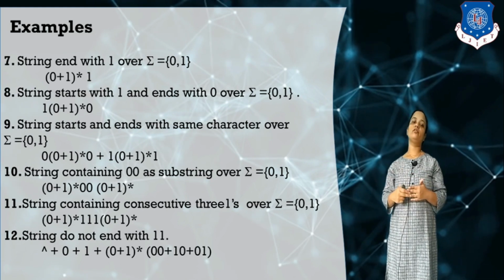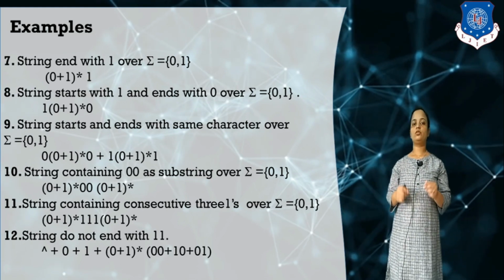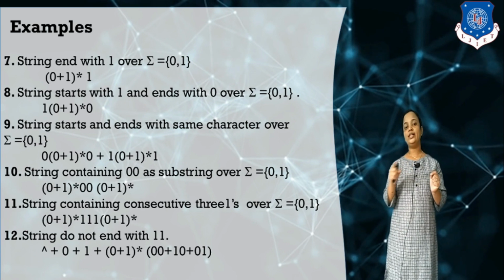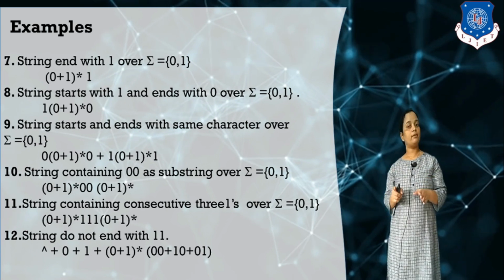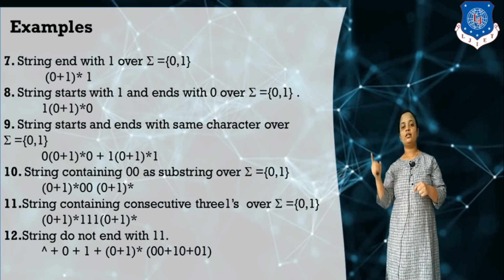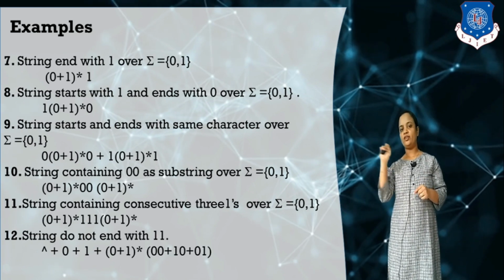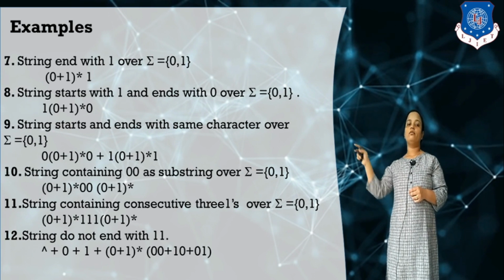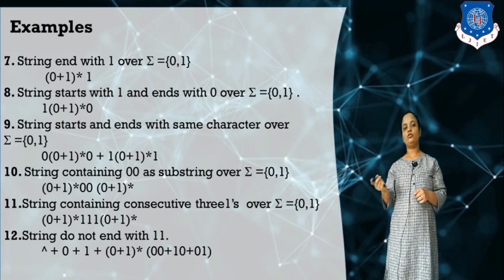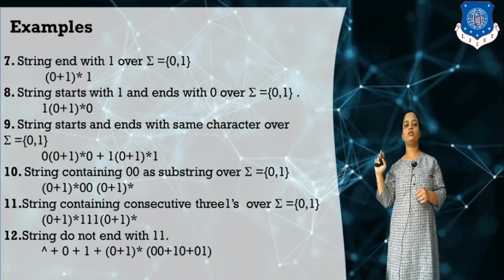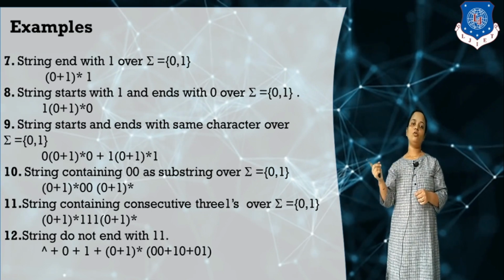Suppose I want to generate a length 2 string. The OR option is available because all the strings are connected with the plus symbol. At the end, in place of star, I have put 0. So 0 means it generates the null string, then what string have we generated? Length 2: 00, 01 and 10, but not double 1.